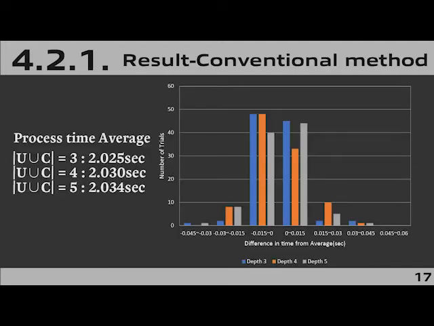First, we show the processing time result of the existing method. The average execution time was about 2 seconds. In order to see the variation of processing time, we prepared a graph with the number of measurements on the vertical axis and the difference from the average execution time on the horizontal axis.